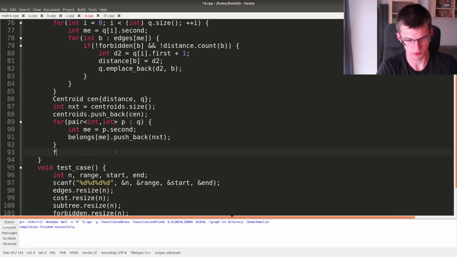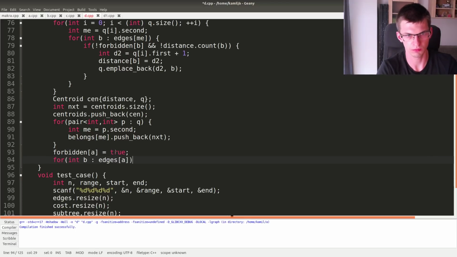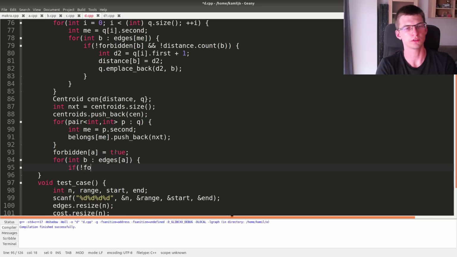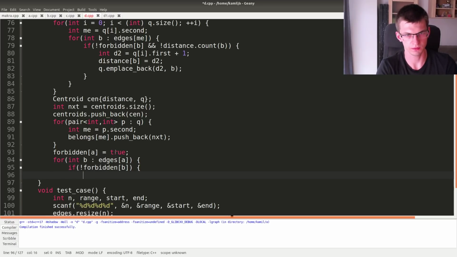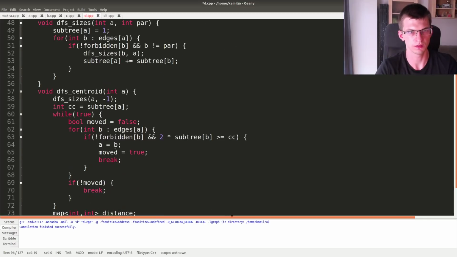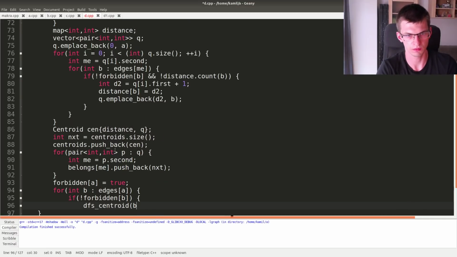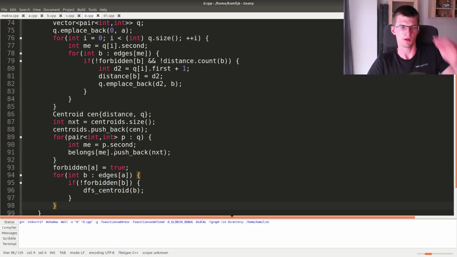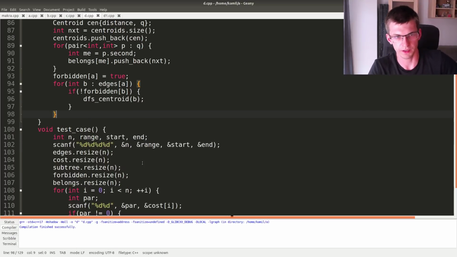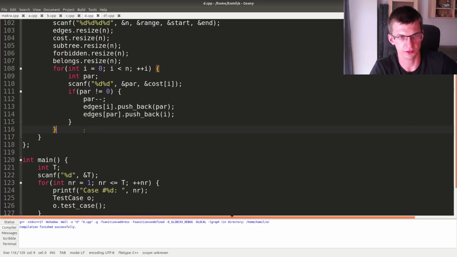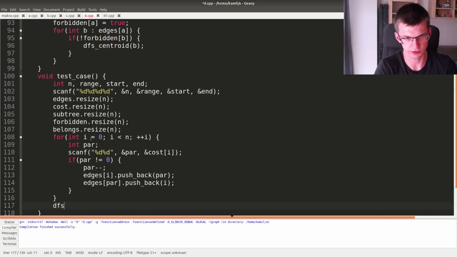And now if not forbidden itself, I think that's it for making centroids and remembering them. Doesn't matter where I start.